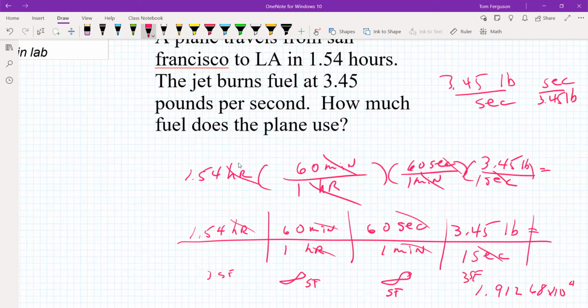So our answer then is going to be... because if you look it up in the dictionary, how many seconds are in a minute or how many minutes in an hour, it'll say 60 exactly.